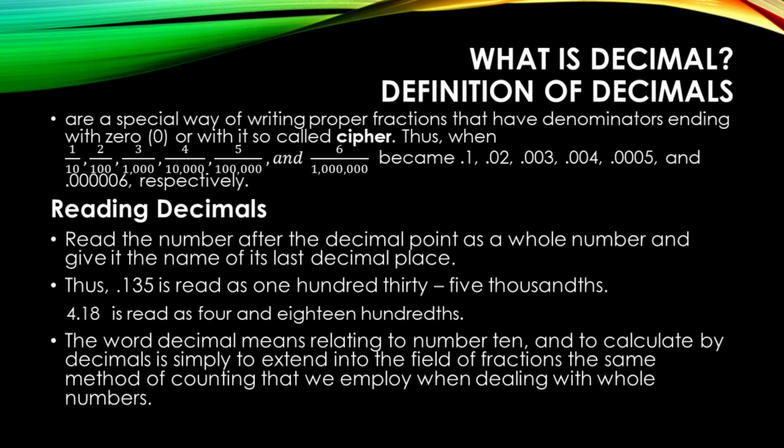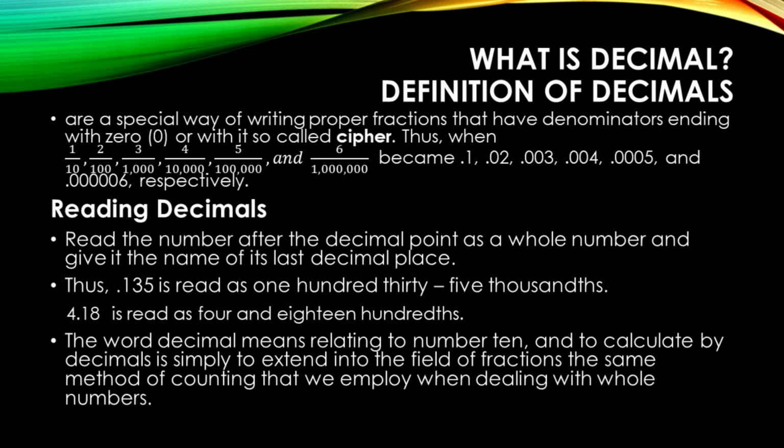And the last, 6 over 1 million, you can see it is 0.000006. So that means there are 5 zeros for the 6 when we use 1 million in decimal, respectively. Now, reading decimals. Read the number after the decimal point as a whole number and give it the name of its last decimal place.